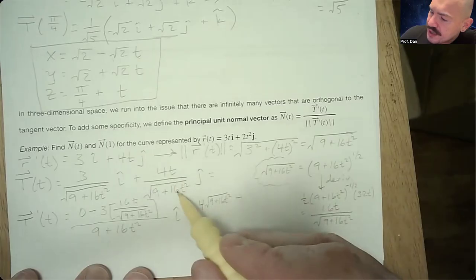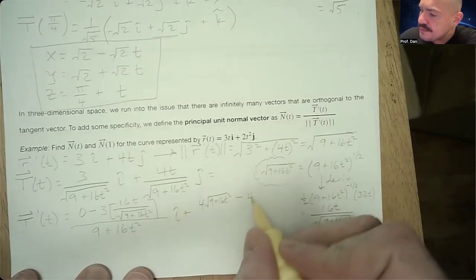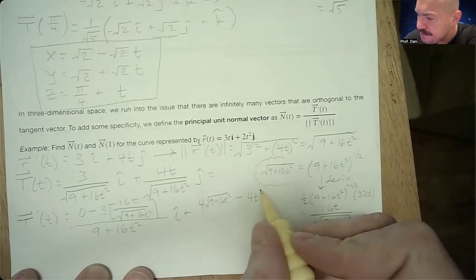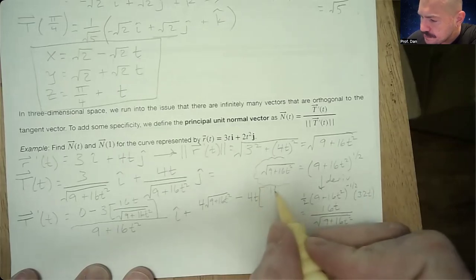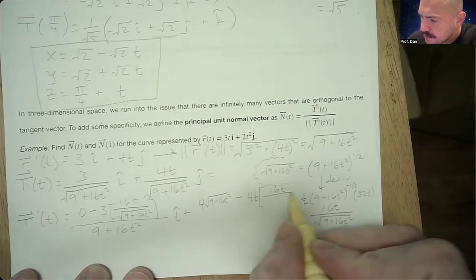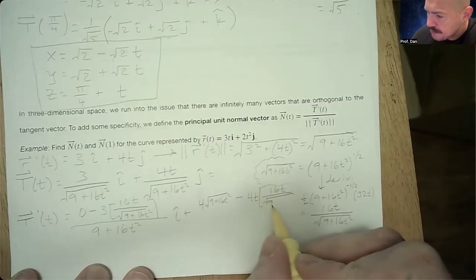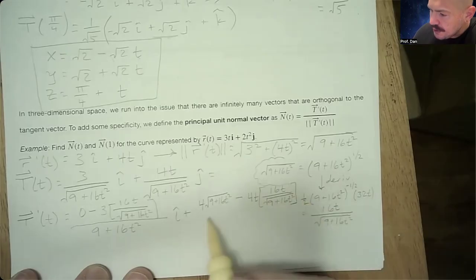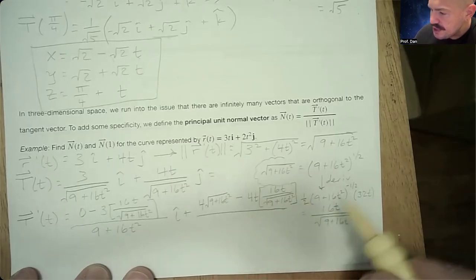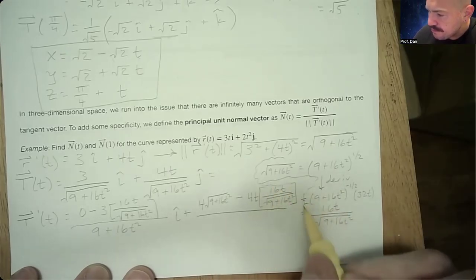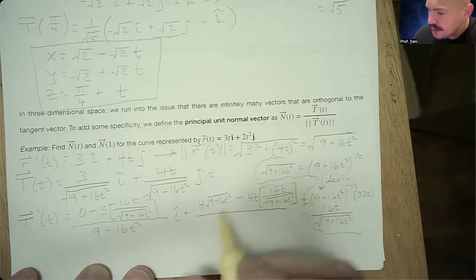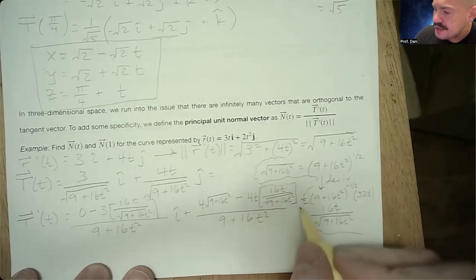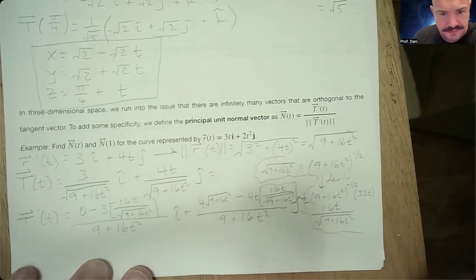So 4t times the derivative of this, which we already did over here. All over g squared. So that's just 9 plus 16t squared, and this is my j component.